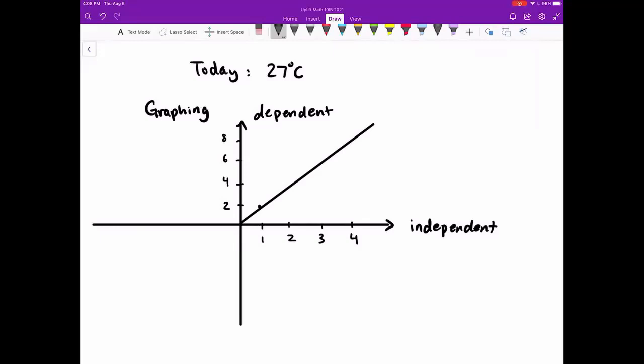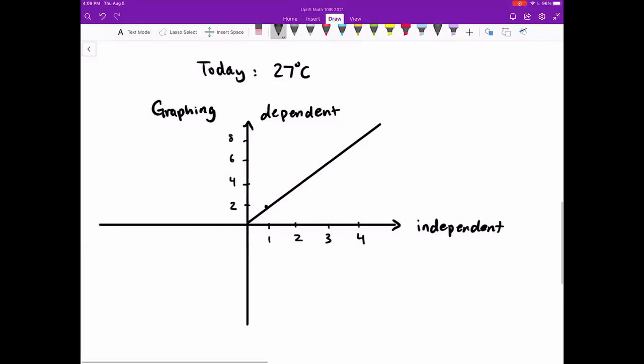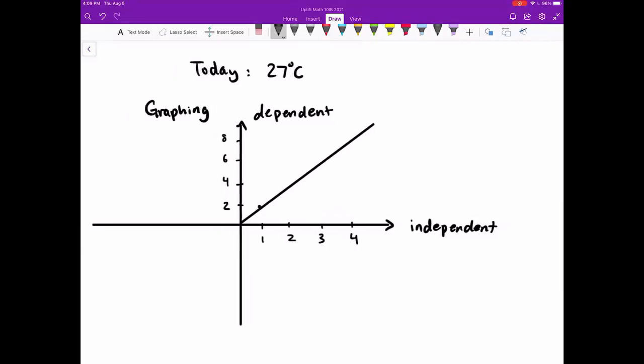But here, actually, we'll talk about this a little later. Usually you want to have even spacings. In this case, I didn't have even spacings because I tried to save space. I didn't want to go out of boundaries, but usually you should have even spacings. What do I mean by that?